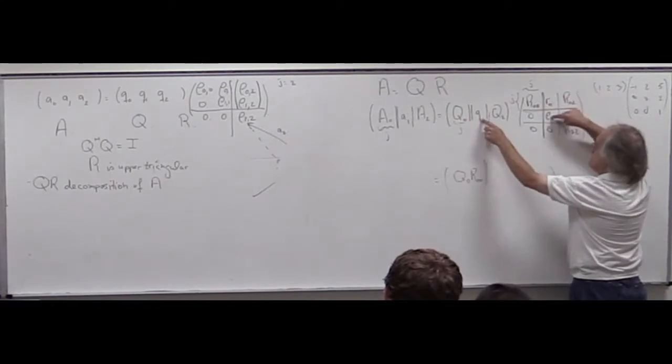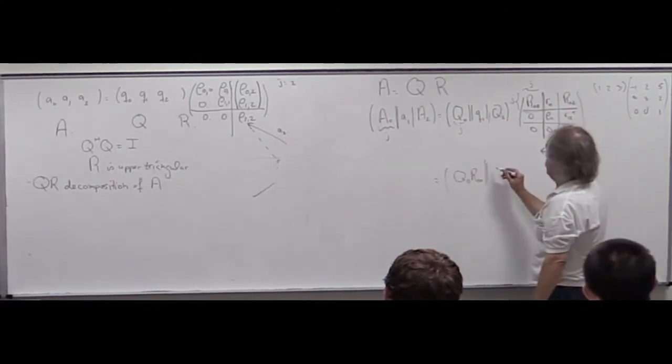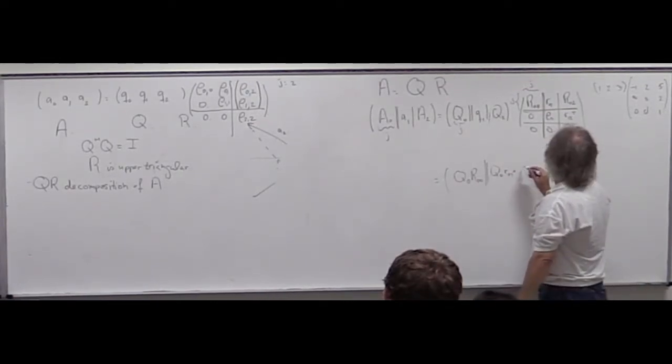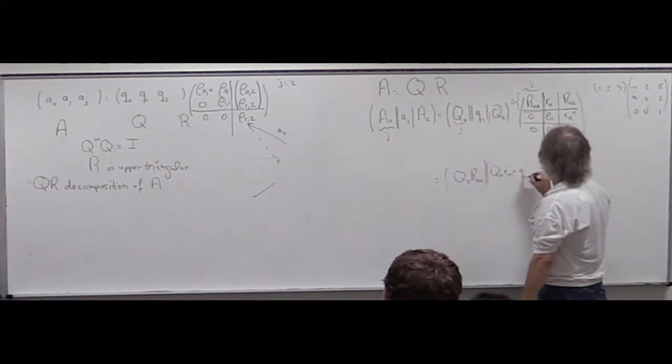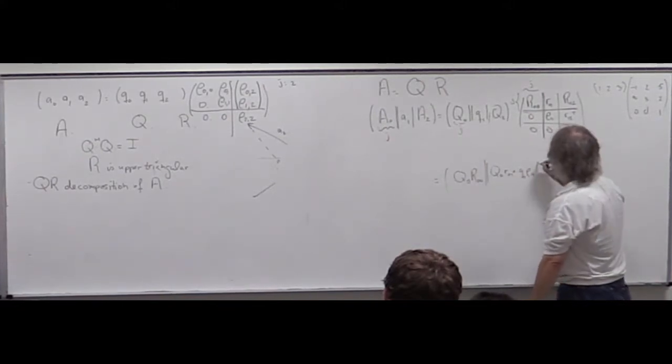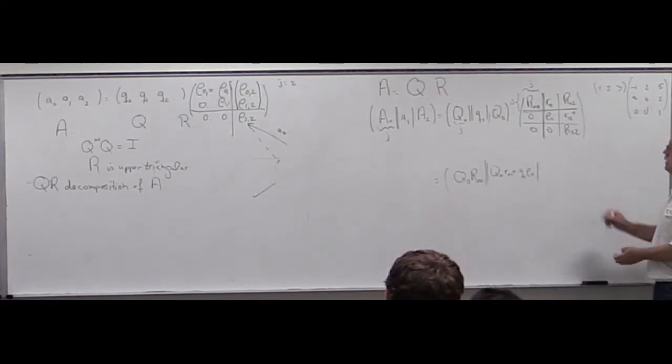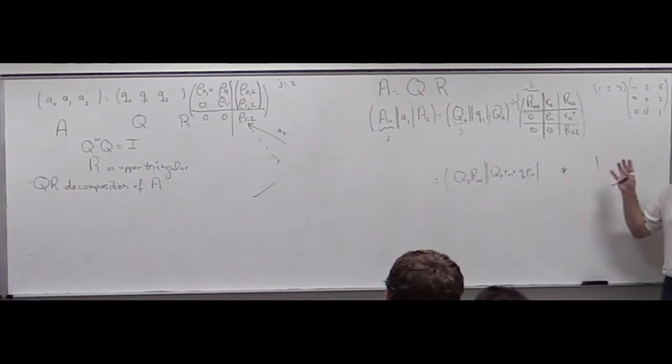This times that plus this times that plus this times that gives us Q0 times R0,1 plus Q1 times rho 1,1. Here I'm just going to put a star. Some complex formula I don't care about.